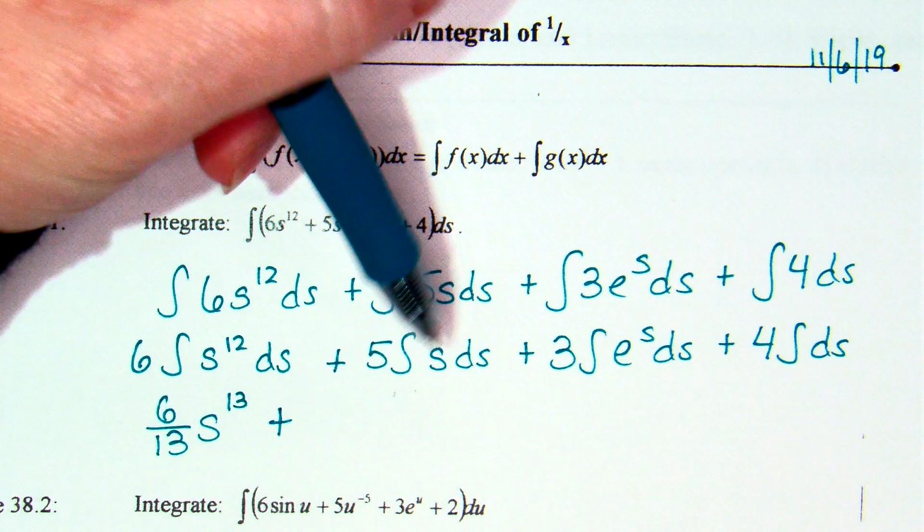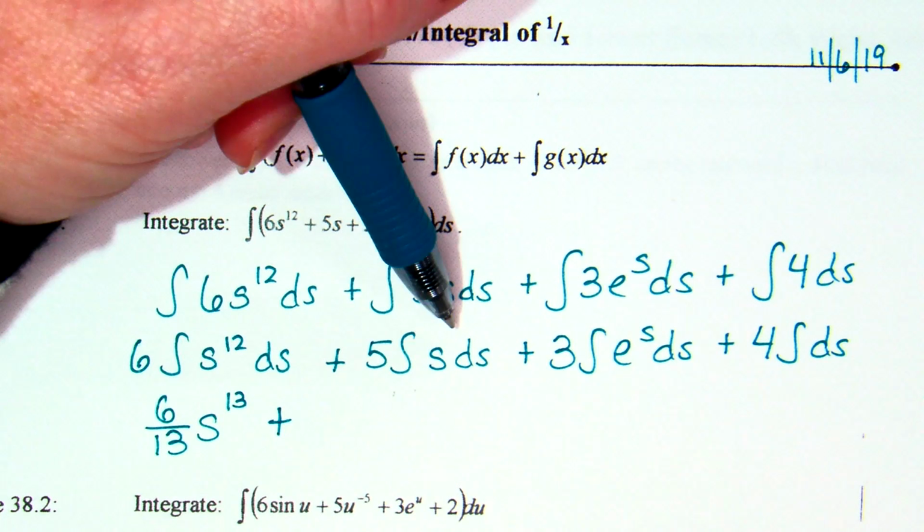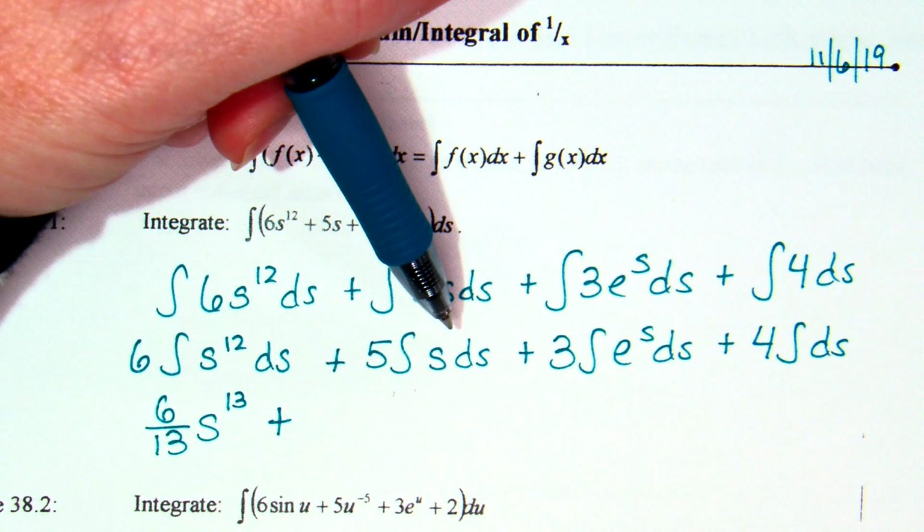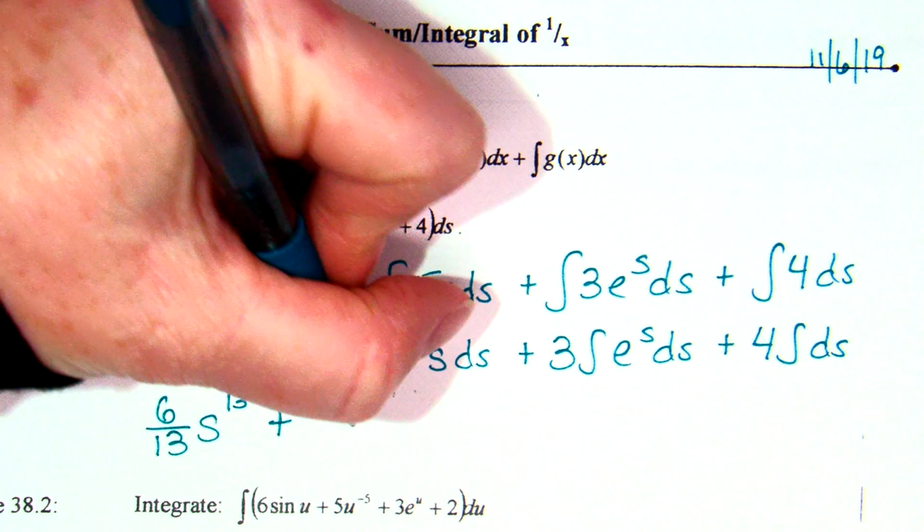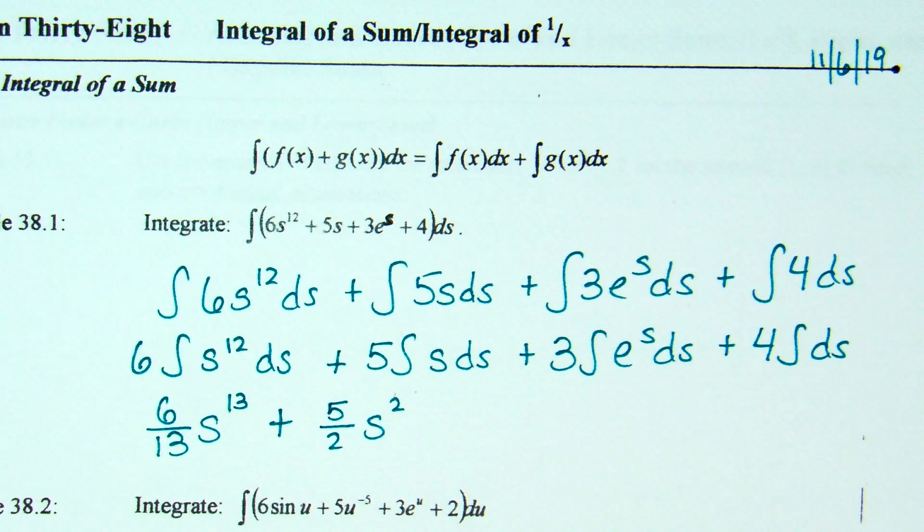Plus, okay, integral of s. You add 1, it becomes s squared. So now it's s to the second. We also have to divide by the 2. So now it's going to be 5 halves s squared plus.